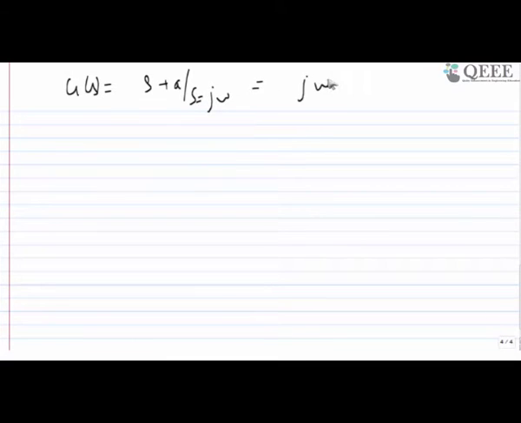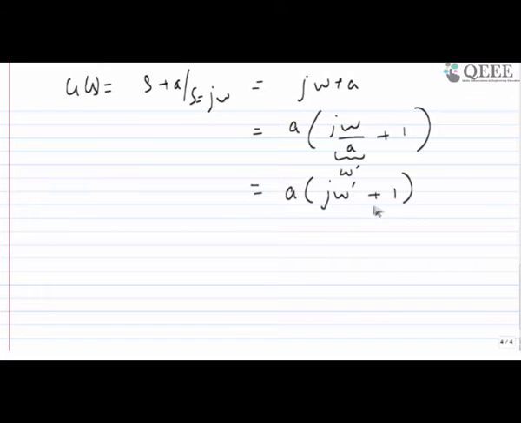This would be j omega plus a, or you can normalize it to j omega over a plus 1, where omega over a is, let's say, a new frequency called omega prime. So now you have j omega prime plus 1.